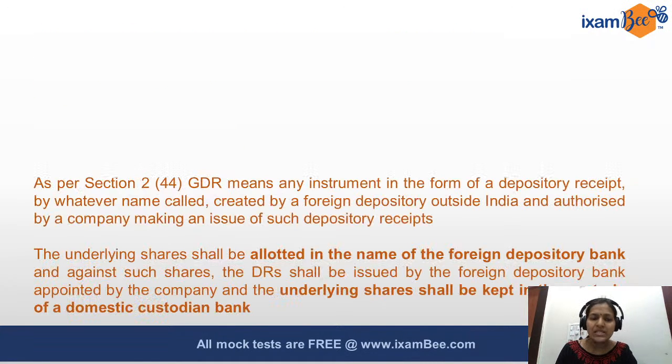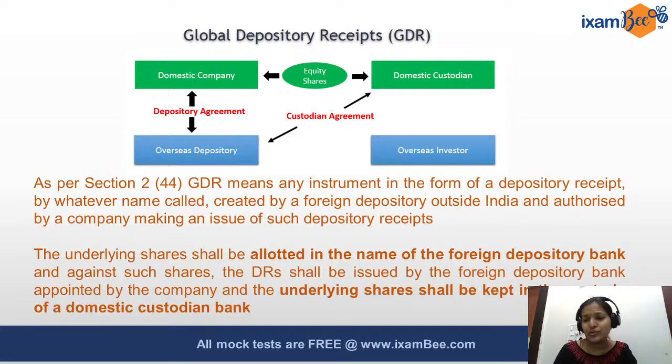So what happens is, if I explain diagrammatically, this is the domestic company, say for example Infosys Limited. They want to issue the GDRs, so the GDRs are issued against some equity shares. Those equity shares are kept in a domestic custodian, say ICICI Securities, which provides custodian services also.